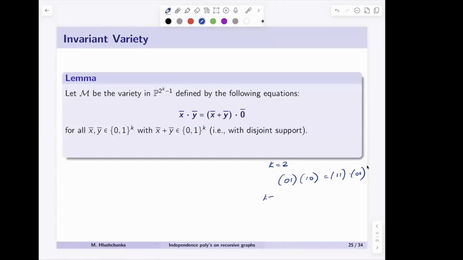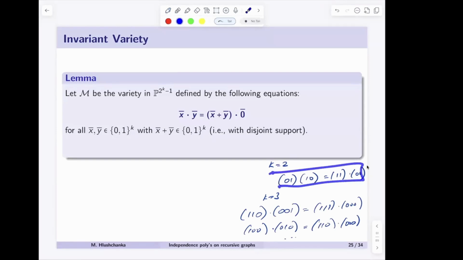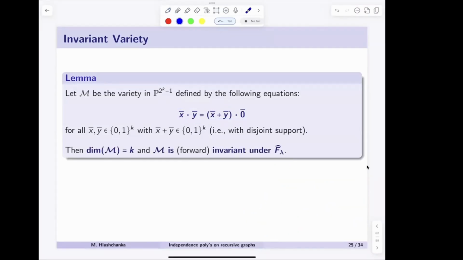But if k is 3, you have an equation like this, or maybe an equation like this, and so on. So in this case, there are other equations. I consider the algebraic variety defined by this collection of equations. And the claim is that this variety will be invariant under the dynamics.